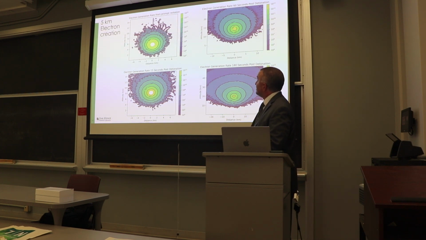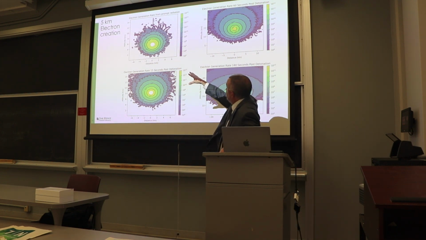So this is the electron generation rate from the propagation of both the neutrons and the gammas. You can see from a 5 kilometer height of burst, that's the immediate effect of propagation.